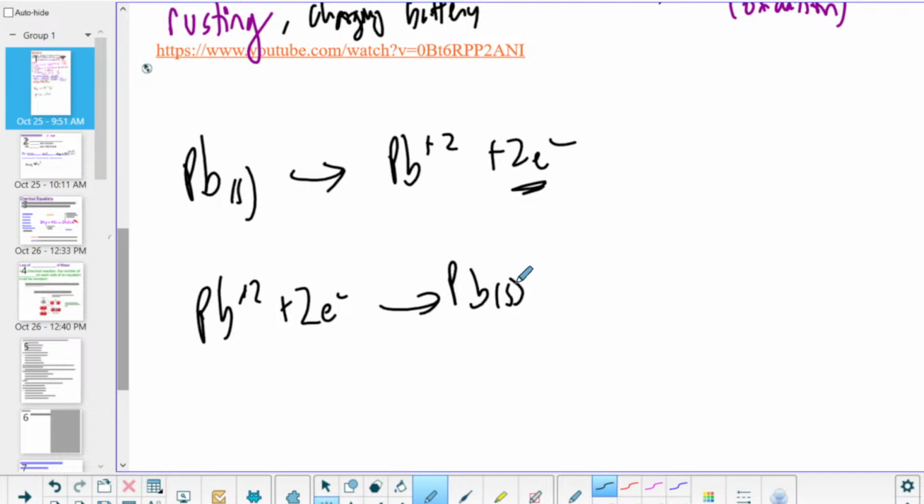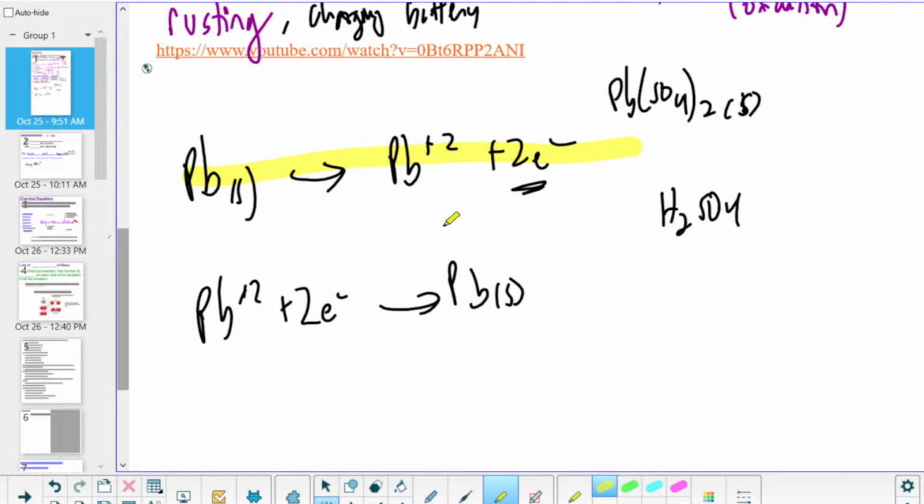A lead battery will go bad because inside of this, to make sure the electrons can move around, there's sulfuric acid. And you can get a precipitate, and once that's built up and locked on, it can't go back and forth anymore. Now, I don't think you've ever seen reactions like this before.